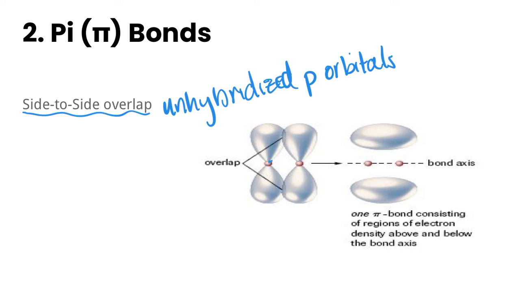And p orbitals, if you remember the shape, have these two lobes, so they can overlap side to side. Essentially they are overlapping in two places to form one pi bond. So we would have two regions of electron density where these two p orbitals overlap, and this creates a single pi bond.